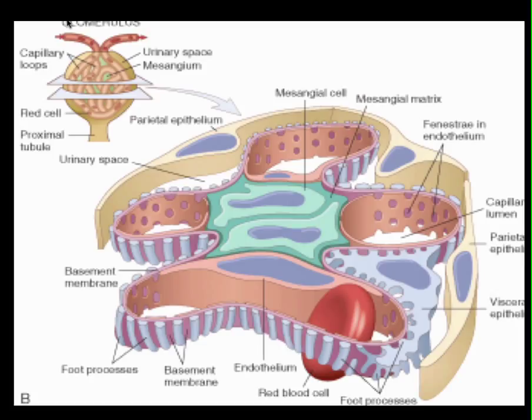On the right and on the left, there is a picture of the parietal epithelium, which lines Bowman's capsule. And between that parietal epithelium and the capillary loops resides the urinary space. The capillary loop itself is supported by 1 or 2 mesangial cells lying between several capillary loops and providing support for them.